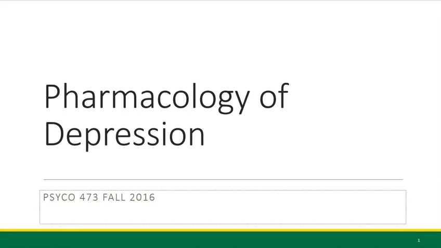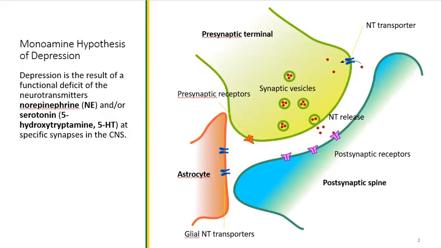So first thing we're going to do is really focus on the monoamine hypothesis of depression. I'm going to have a separate video on this hypothesis, but here I just want to introduce it, and then we're going to go over exactly what the neurotransmitters involved in this hypothesis do normally and in depression.